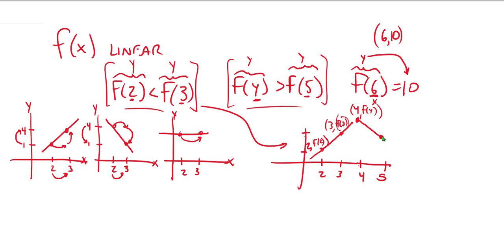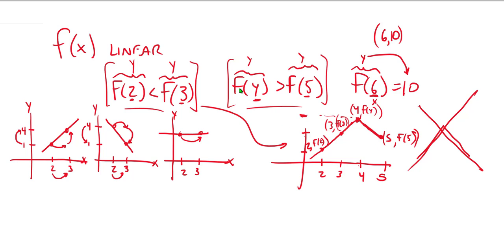And this point would be 5 comma f of 5. If f of 4 were greater than f of 5, that would mean you now have a decreasing linear function. It is not possible for linear functions to go up and then go down. They either are always increasing or they are always decreasing.